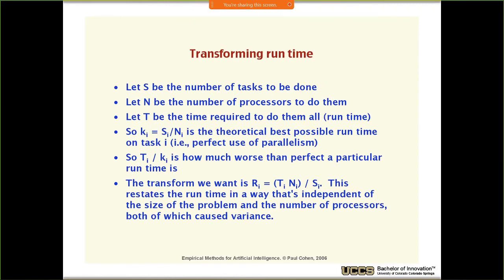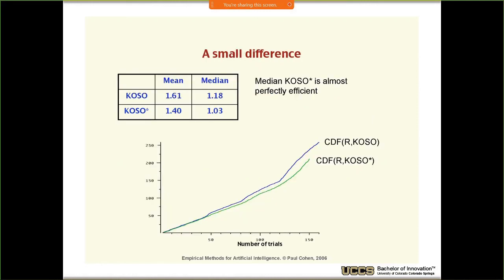When I have fewer jobs to do, I'm going to divide by a smaller number of tasks. So when I have fewer tasks, the efficiency rating is different than when I have a large number of tasks. So that helps reduce our variance, and I'll come back to the CDF stuff in just a second.